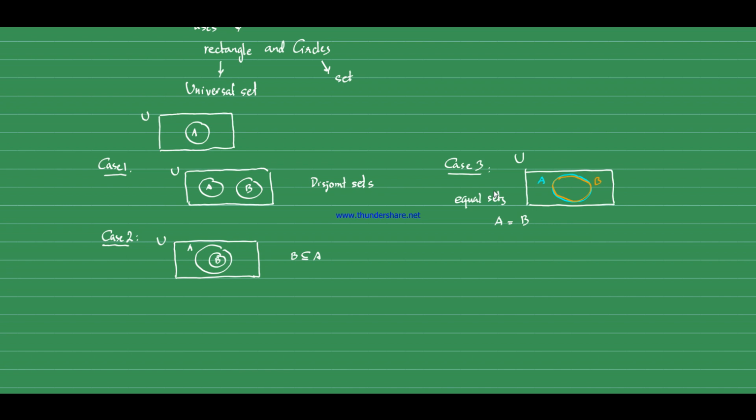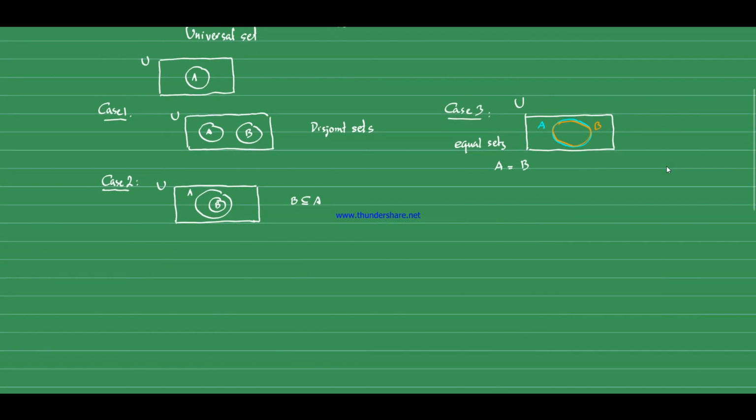And the case number 4, when you have two sets inside the universal set, and those two sets share something in common, we have an overlapping set. So we have a universal set like this, and we have two different sets.